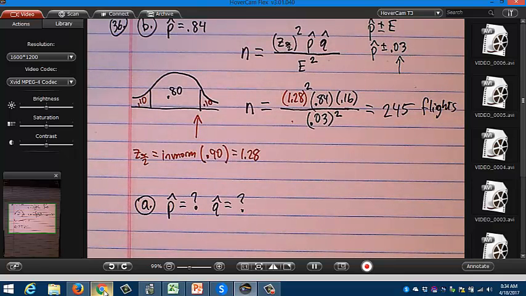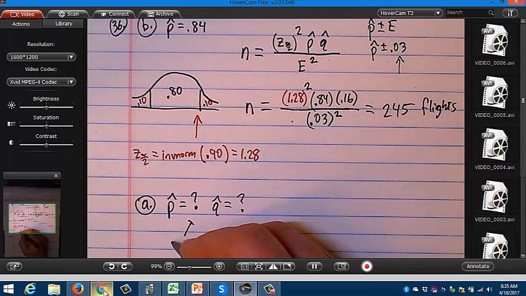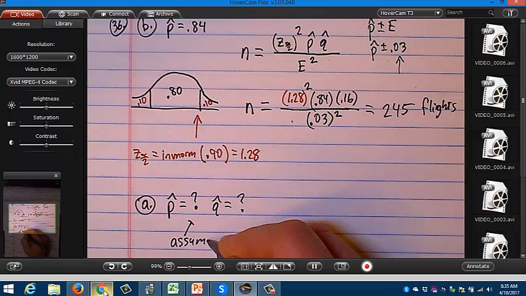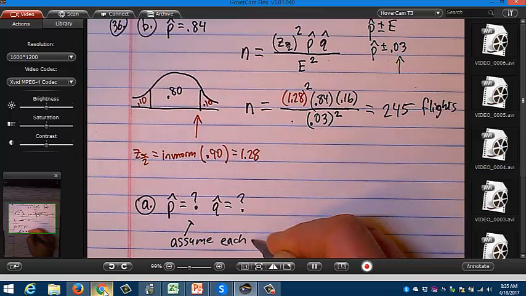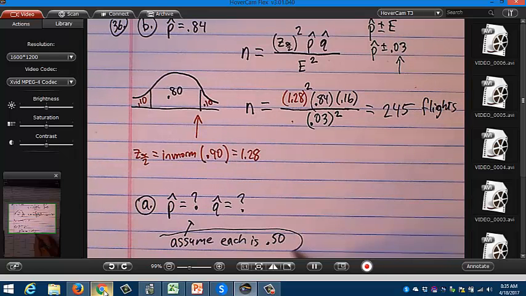The worst case scenario for the sample size we need is when P hat and Q hat are both 1/2. So I'll tell you what you want to do. Assume each is 50%, okay? I'd like everyone to do the problem again, assuming that P hat and Q hat are 50%, and I'm going to walk around and help those that had trouble with the calculation, and we'll go from there.